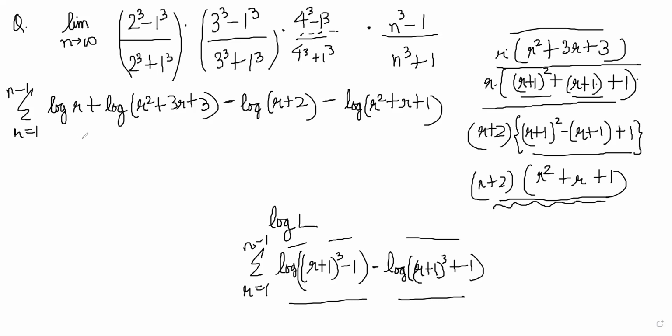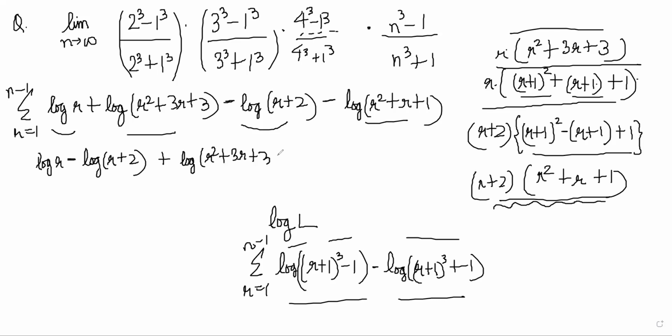So let's focus our attention on these two and these two separately, right? So this is log r minus log r plus 2, and this is log of r square plus 3r plus 3 minus log of r square plus r plus 1, right? Okay, so let's focus on this for now.